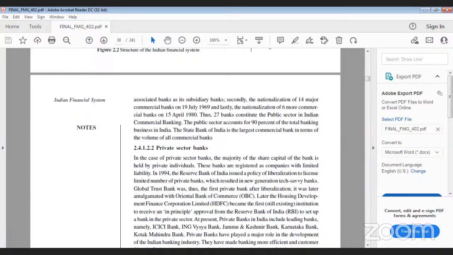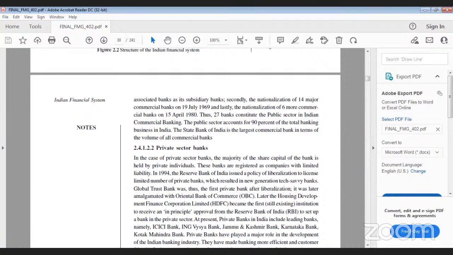It was later amalgamated with the Oriental Bank of Commerce. Later, the Housing Development Finance Corporation Limited became the first institution to receive an in-principle approval from the Reserve Bank of India to set up a bank in the private sector.